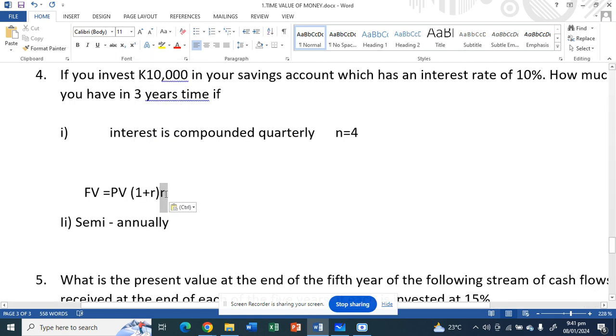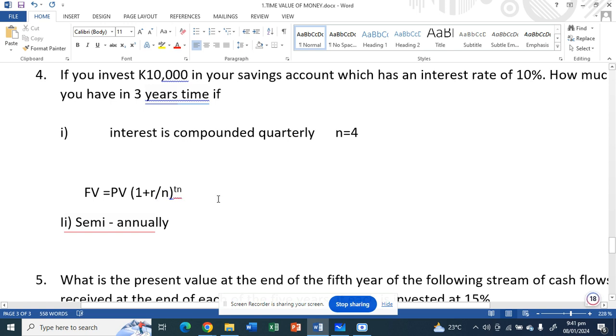Right, this n originally was the number of periods. Now since n also represents the number of compoundings, we just changed it to t. That t just means it is still telling us the time. So multiply the time by the number of compoundings, and the interest rate you divide by the number of compoundings.